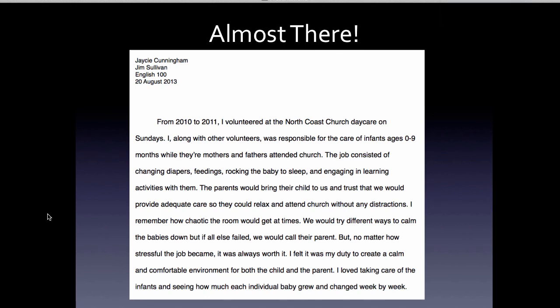So for my money, this paragraph does a great job of telling us where the writer works and what she does. It also clearly and effectively communicates how she feels about the job. You see it there in the final sentences. She loves this job. But the use of imagery and memorable description in her paragraph still could use some work.